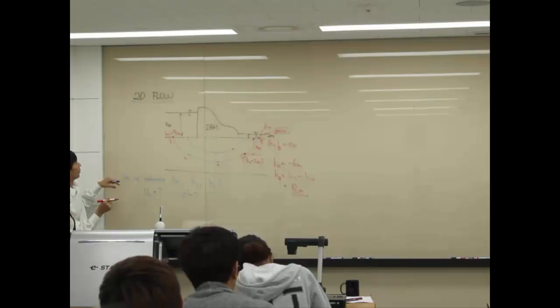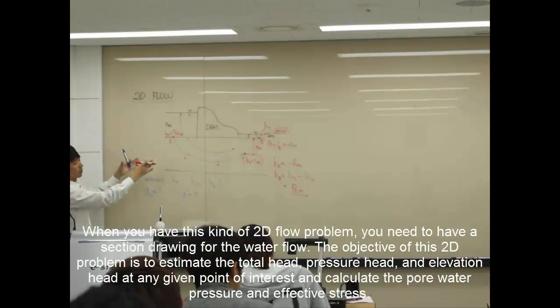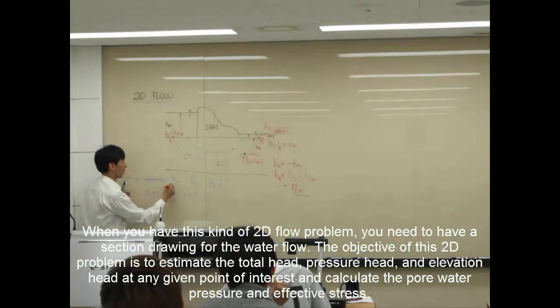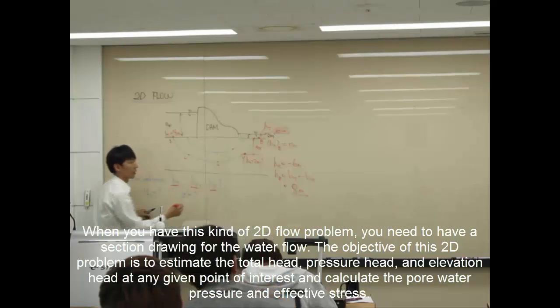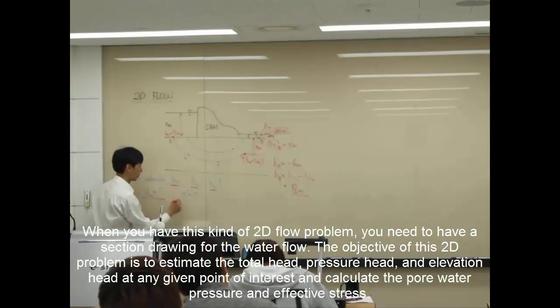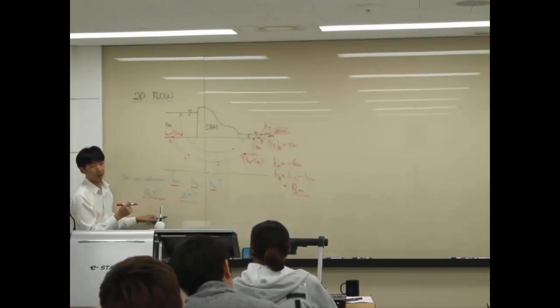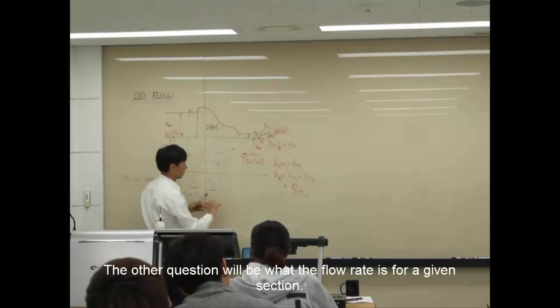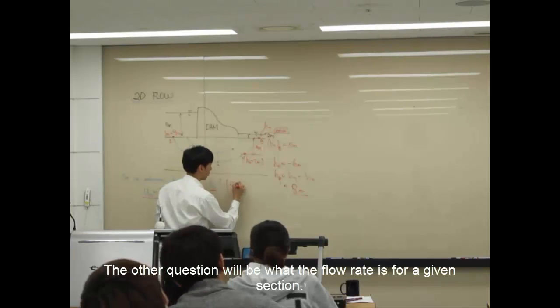So when we have this kind of a 2D flow problem, we need to have a section drawing for the water flow, and the objective of this 2D problem is to estimate the total head, pressure head, and elevation head at any given point of interest, and calculate the pore pressure and effective stress. And one more thing, in addition to this, the other question would be, what's the flow rate?